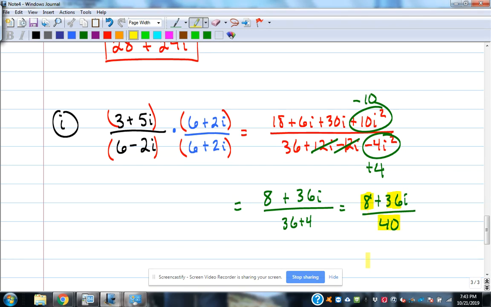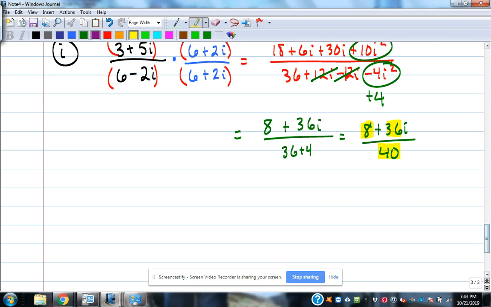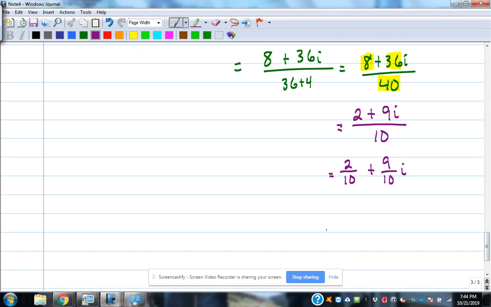They're all divisible by what? 2 goes into them, but 4 is bigger and it goes into all of them too. I'm going to divide everybody by 4. So it'd be 2 plus 9i over 10. Then I've got to split that apart into 2 over 10 plus 9 over 10 i to get it in complex form. And 2 over 10 actually reduces to 1/5. Finally, I'm done.